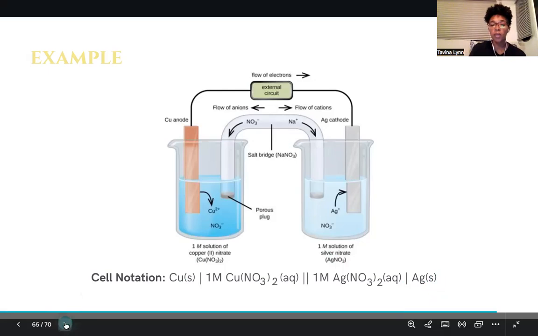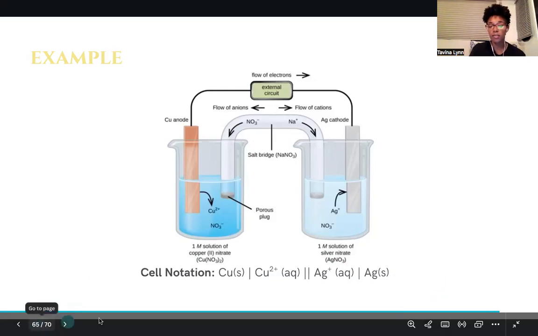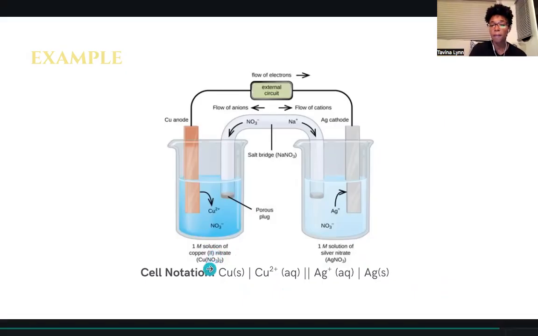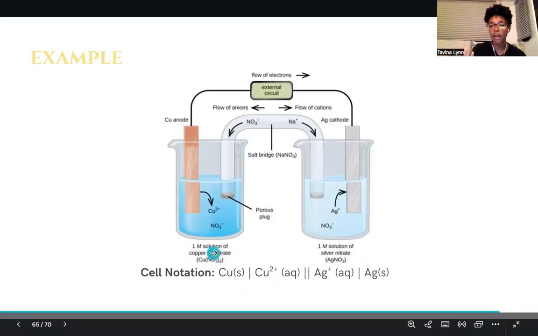The other way we can write the cell notation is the exact same thing, but instead of writing the concentration of the aqueous solution, we just write the ions. In copper nitrate solution, we have copper 2 plus ions.